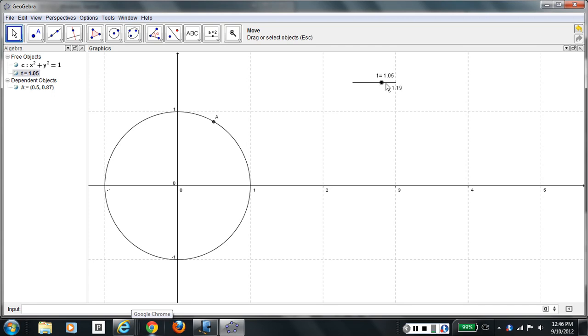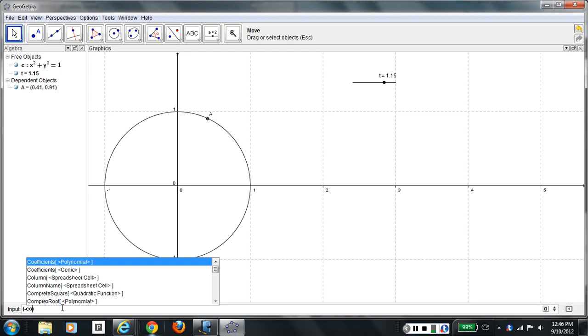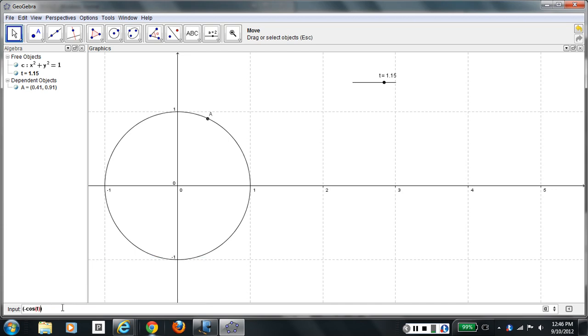And you can see when T equals 0, then the point's right there. And when T equals about pi over 2, it goes up there. So that point's going to slide around the circle. Well, we need the other 3 points as well. So negative cosine T, sine T, that'll reflect it about the y-axis.